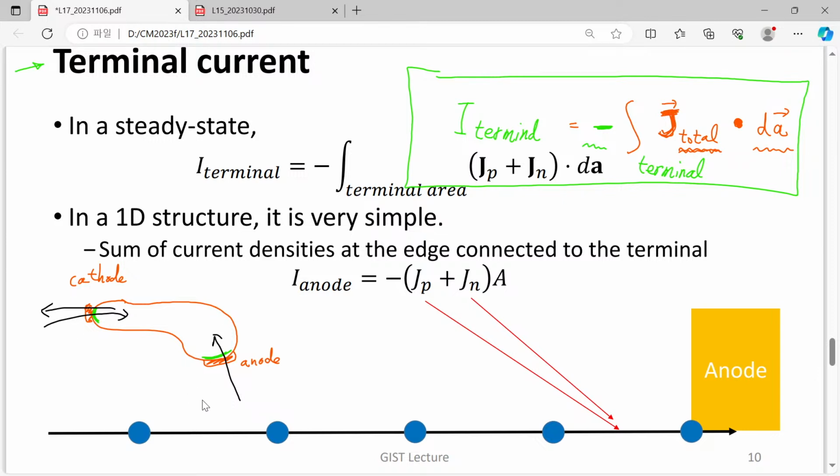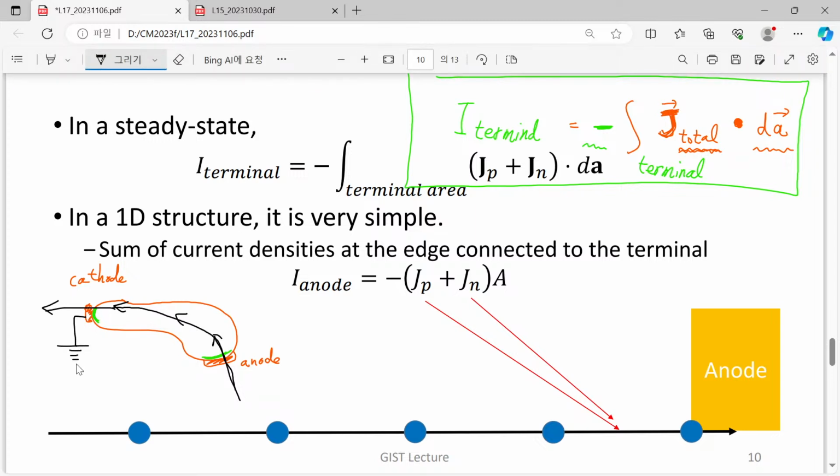For example, let's consider a typical case like this. You have applied a positive bias to your anode voltage and the cathode is grounded. Then please draw the movement of your charged particles. Your positively charged particles will flow in this way, because this is grounded, and you have applied a positive voltage.